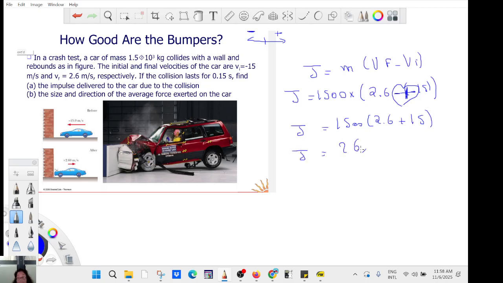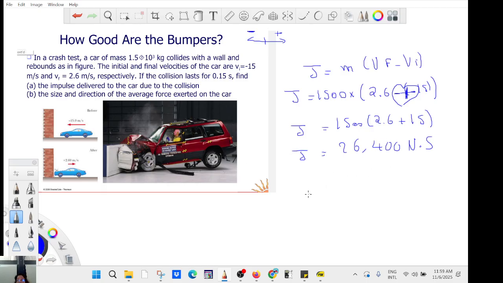It's a big number. No. Yeah. Not 26. 264. See, 26,000, no? Right? 1.5. Yeah. I misplaced the 0.